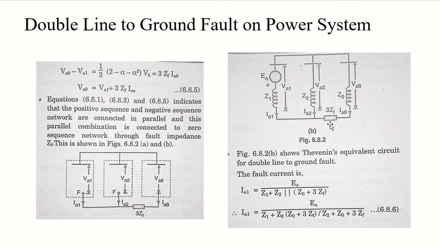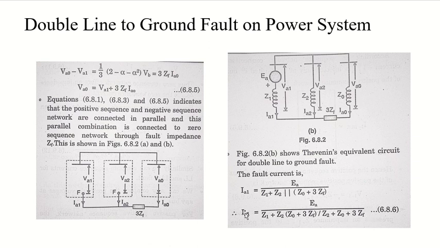When you do so, you will find the value of IA1 will be EA divided by the equivalent of Z1 plus Z2. Basically they are in series here, plus, basically in parallel with the equivalent of 3ZF and Z0. The remaining circuits, the equivalents of the first one and the other one, let's call them Z dash and Z double dash. So Z dash and Z double dash will be in parallel, so we will take the parallel equation of them, and by doing that you will find the value of IA, which will look something like this.